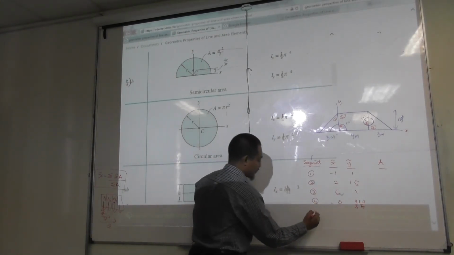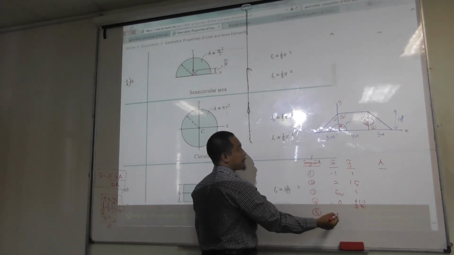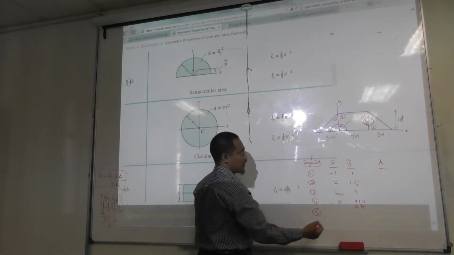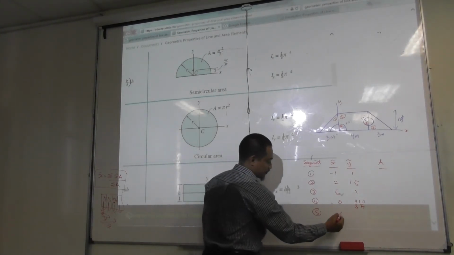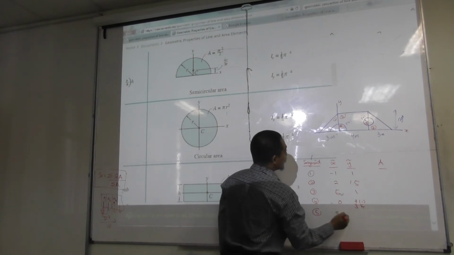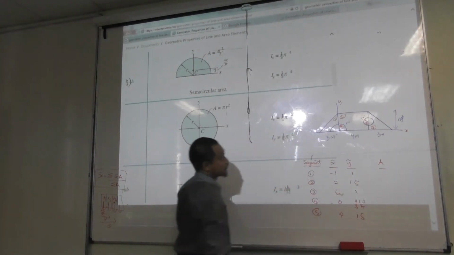We just plug in there. Yeah, then segment 5, the circle. X coordinate? 4. Y coordinate? 1.5. Okay, because I assume it's in the middle, 1.5.